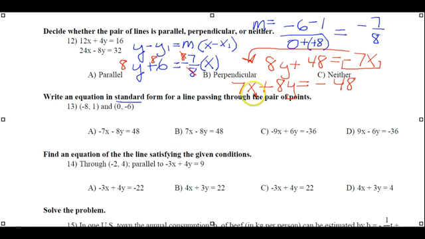Now here they're adding an extra level of challenge because no equation like that looks like this. But if I multiplied every term by a negative 1, it would make this a negative, this a negative, and this a positive. And now we have an answer.